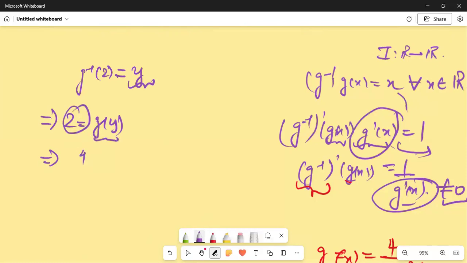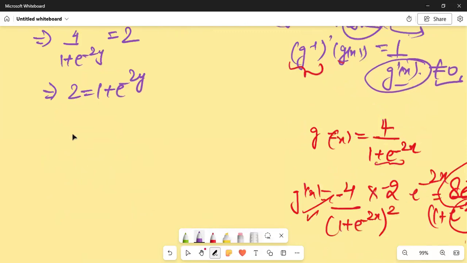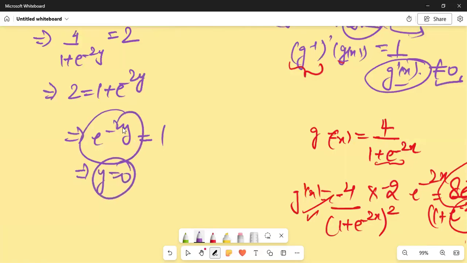So according to the definition of g, we have 2 equals 1 plus e raised to power minus 2y. This implies e raised to power minus 2y equals 1. This implies y equals 0, because the exponential function is 1 only when minus 2y is 0. This means y has to be 0. So g inverse 2 equals 0.